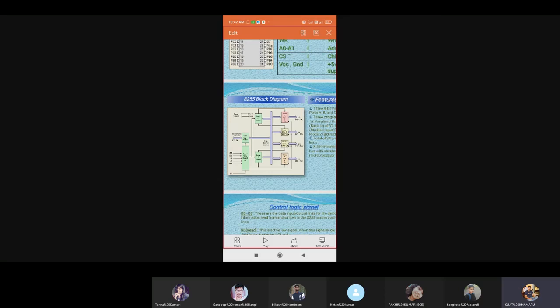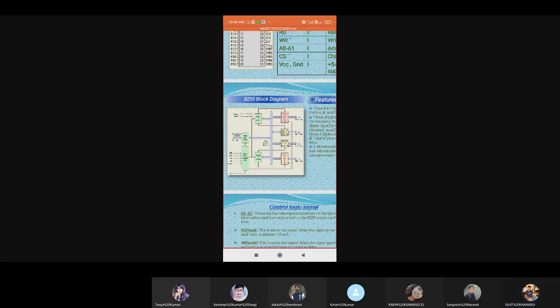From read write, one signal goes to group B and one signal goes to group A and the data bus buffer. Also, on the right-hand side of the internal bus are the group A control and group B control. All are connected through the read write control logic.